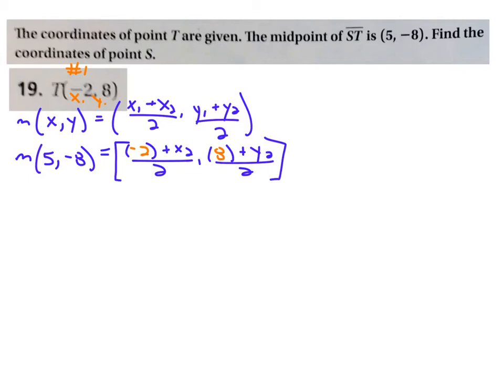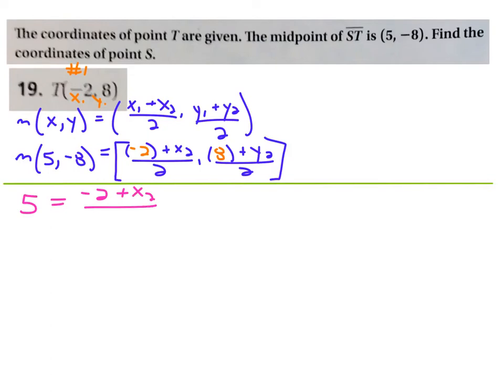And now we are going to separate this into pieces in order to set them equal to the two parts. Okay, so let's draw our line. And our first part is going to be the x-coordinate, 5, is equal to -2 plus x2 divided by 2.